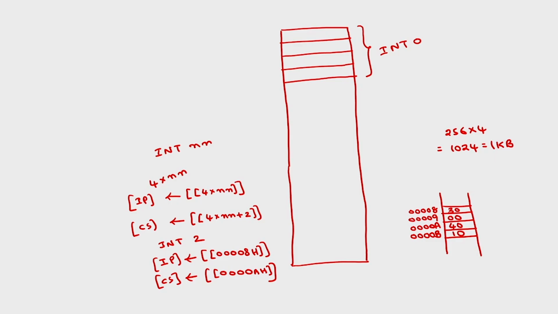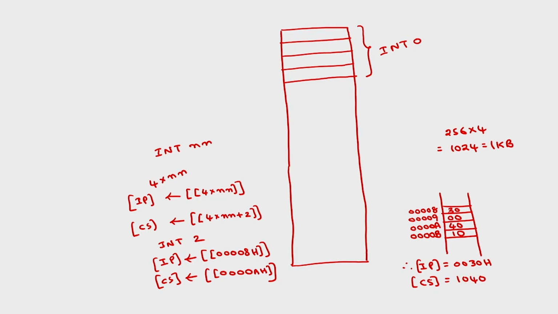Because the instruction pointer is 16-bit, it will take a word from 2 consecutive locations. So the contents of the instruction pointer will now become 0030H, and the contents of the code segment register will become the contents of 000A, meaning 1040.